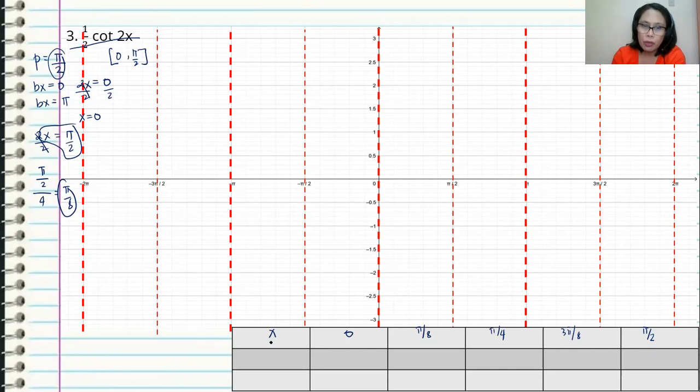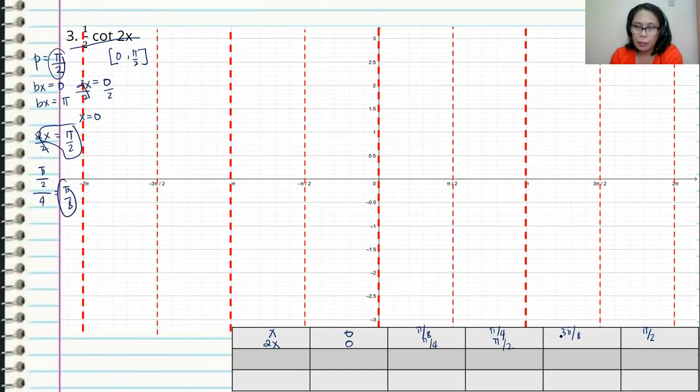So the next thing that we will do is to evaluate 2x. So we will multiply each value of x here by 2. So this remains 0. And then this is pi over 4. Pi over 4 times 2, so this is pi over 2.